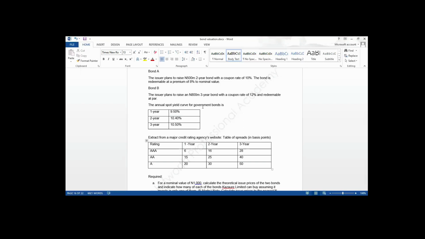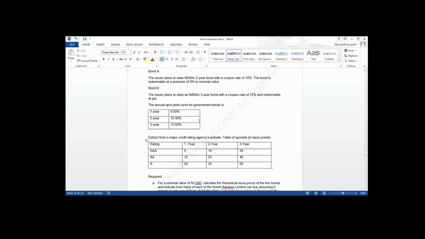And we explained that this government spot yield curve can only be used to value government bond. We explained to ourselves that these rates, the annual spot yield curve for government bond, you can only use it when you are required to value government bond.